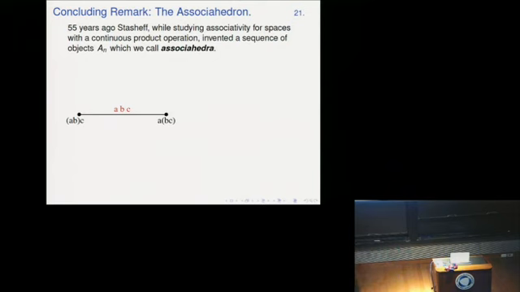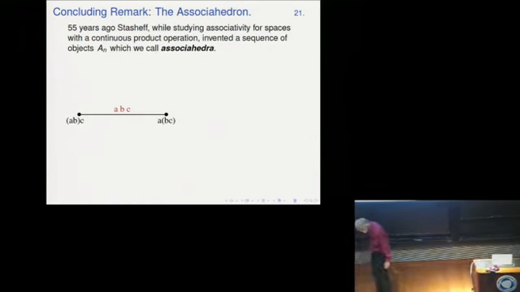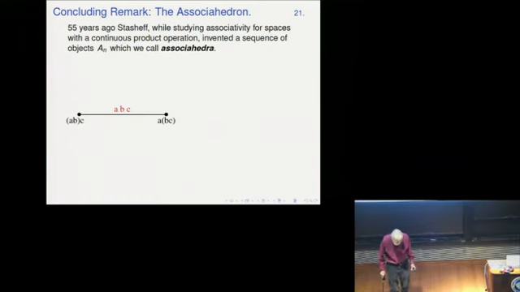If we have a non-associative product, then the product ABC doesn't make any sense at all. But we can make sense of it by multiplying the first two and then multiplying by C, or by multiplying the second two and then multiplying by A. So there are just two ways of making sense of a non-associative product of three elements.